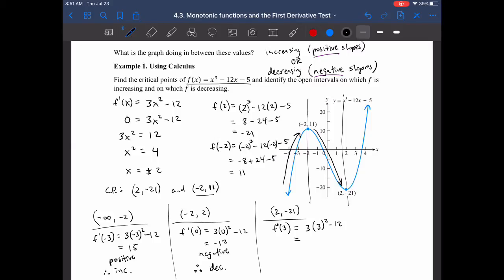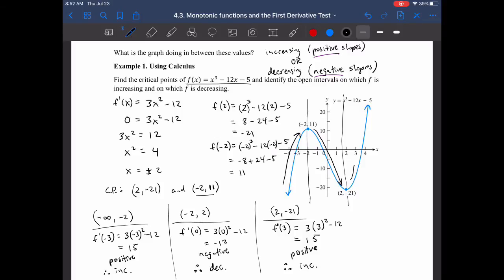So 3 squared is 9, times 3 is 27, and 27 minus 12 is 15. So we ended up with 15 as our slope. It is positive, and therefore we have an increasing function on that interval.